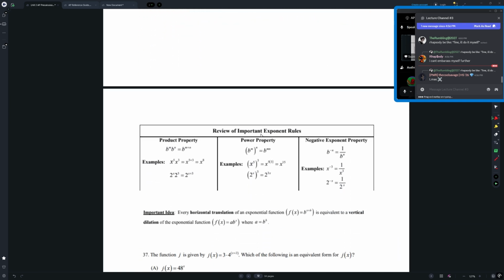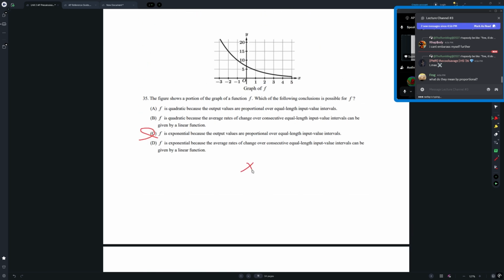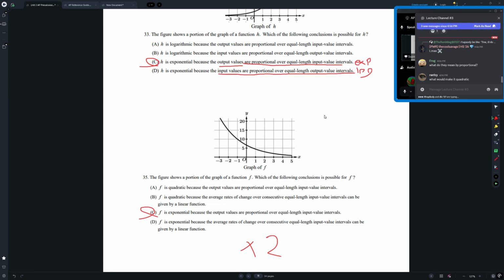Alright, now we're gonna review some important exponential rules. By proportional, that means just multiplying. It's like multiplying by 2. What would make it quadratic is if it was nth differences.